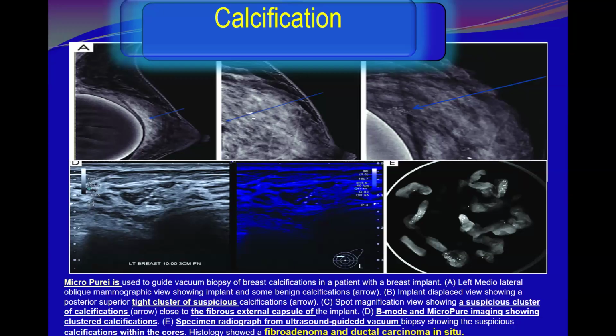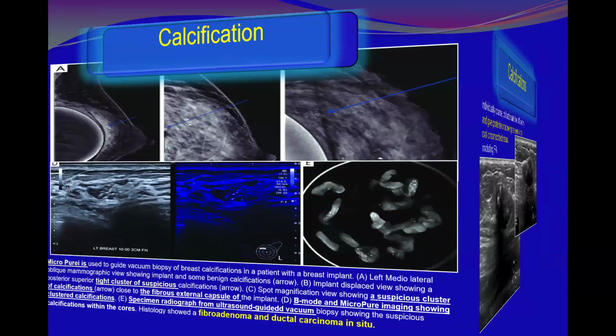It will demonstrate the calcification and make it easier to biopsy under ultrasound guidance. The histology of this case showed fibroadenoma with ductal carcinoma inside. Here we can see the radiographed specimen, proving that there is calcification within the biopsy segment taken.